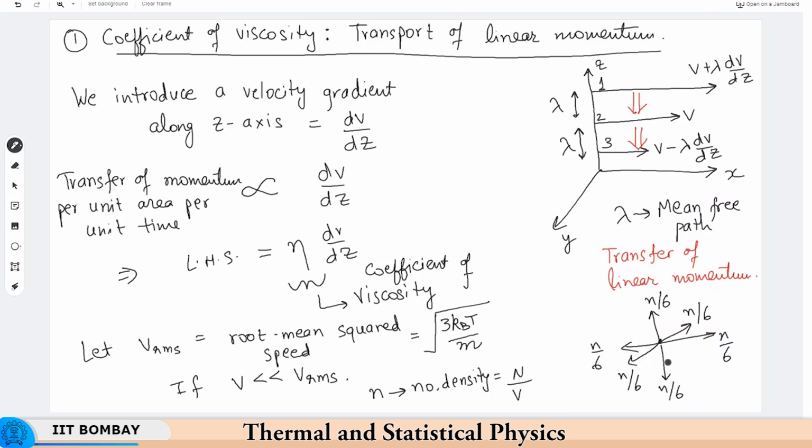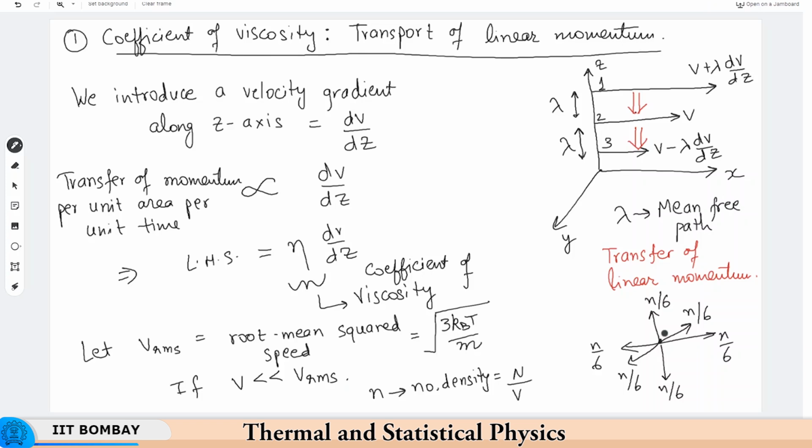So on average, even though we have broken the condition that molecules move randomly, since this V, the net transport of momentum along any plane, is much smaller than the root mean squared speed of these gas molecules, there are still n by 6 molecules moving in any given direction.